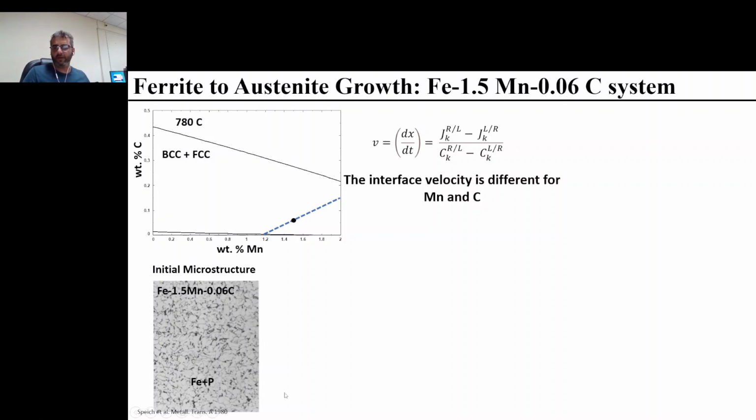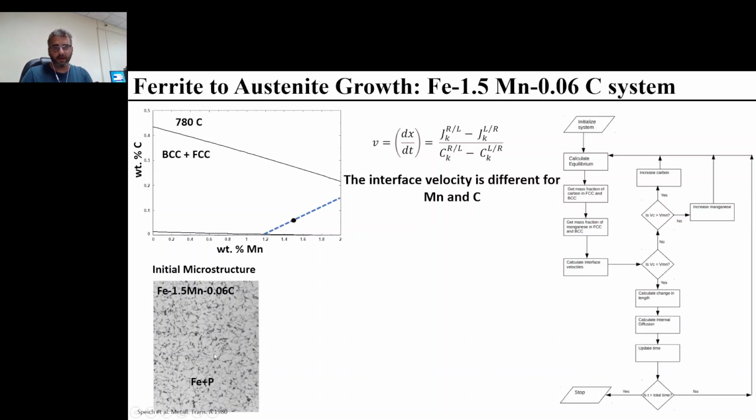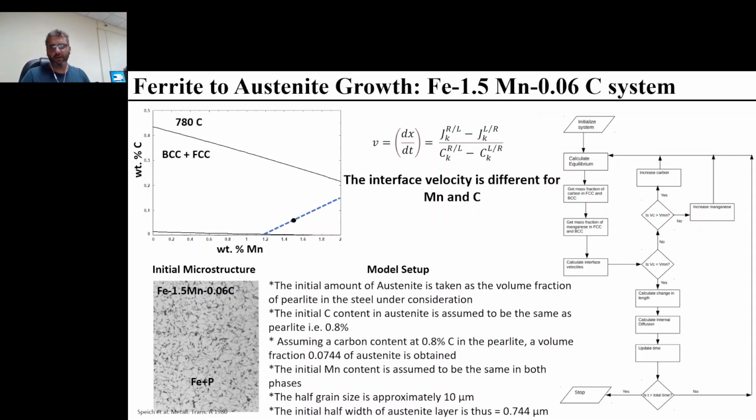So we are going to consider the experimental data by Speich. This is the initial microstructure, which is the combination of ferrite plus pearlite phase. I will go through the model formulation in a moment, but for the model setup, we assume that the transformation of pearlite to austenite is instantaneous.